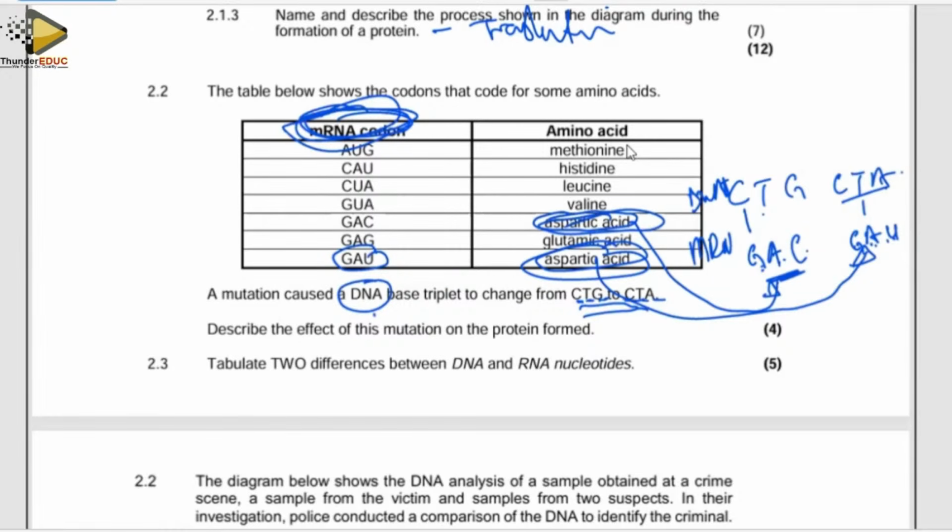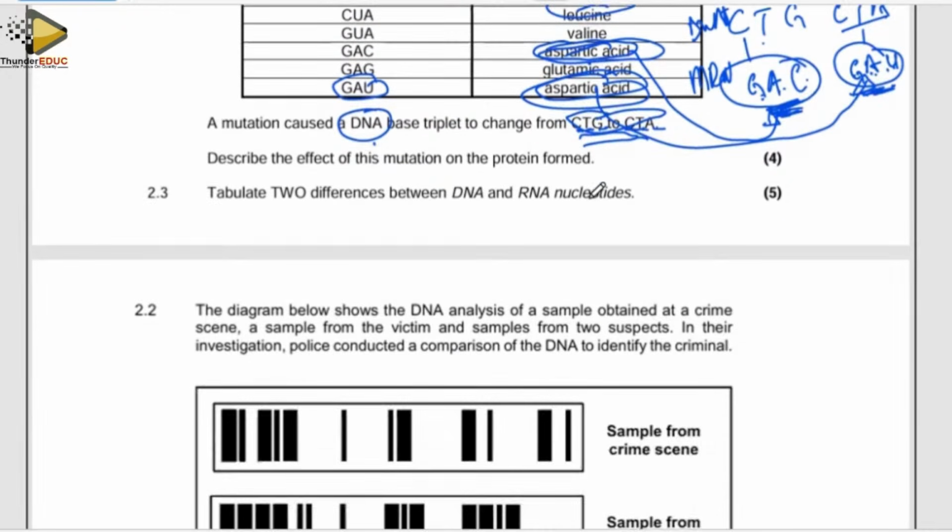In this case, what is given is DNA, and what was given in the table is messenger, so I had to convert from DNA to messenger so that I can match them, and then read them. If I find that the amino acids are the same, there is no change in the protein. But if this code is for aspartic acid and that code is for leucine, for example, then there will be a difference in the amino acid, and therefore a change in the protein.